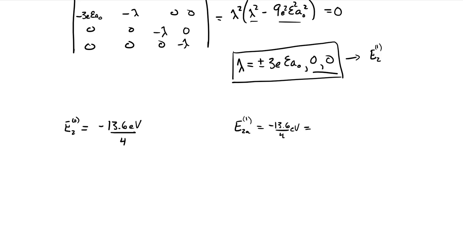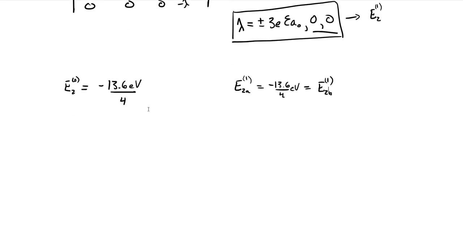One state is going to go up; we'll call that one E2 plus. It's going to be negative 13.6 eV over 4 plus 3 e epsilon a naught.